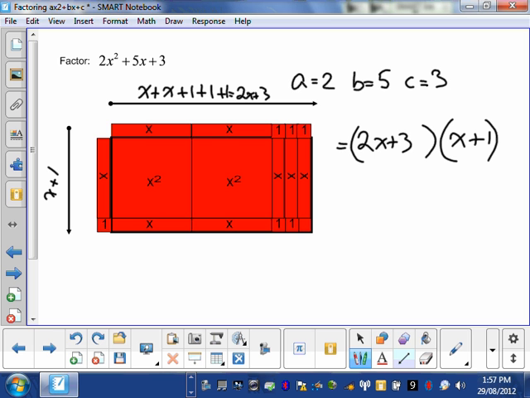We have to play again with sum and product, right? We need to look for two numbers. That's correct. However, let's look at the first and the last coefficient. In this process, we have to multiply 2 and 3. So I'm going to do 2 times 3, that is 6.